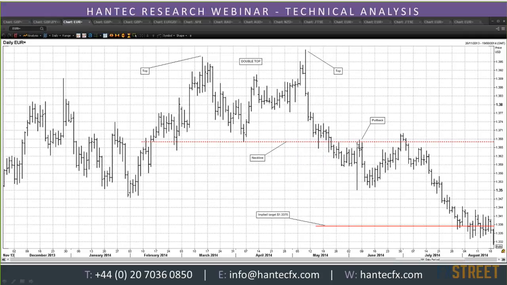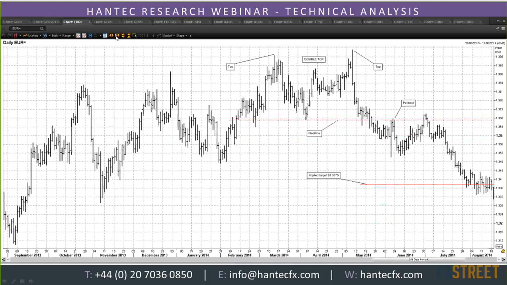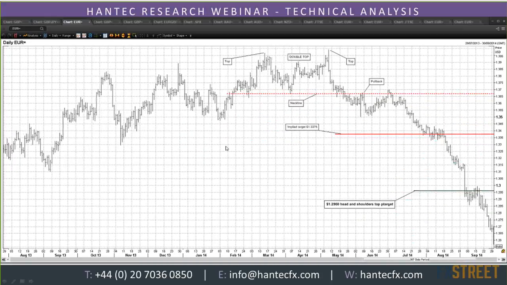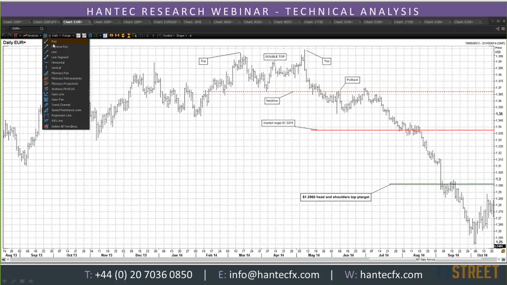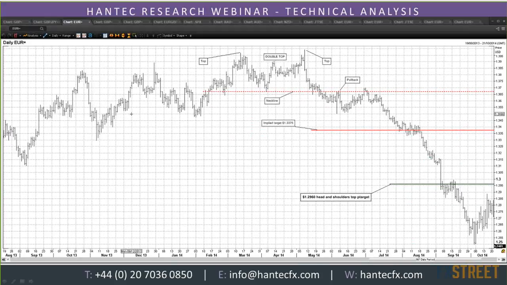Now the other thing is, if I zoom out slightly, you can derive another head and shoulders top. You could say that's your left-hand shoulder, that's your big head, and your right-hand shoulder. And subsequently, you get a downside target that, again, was also met.